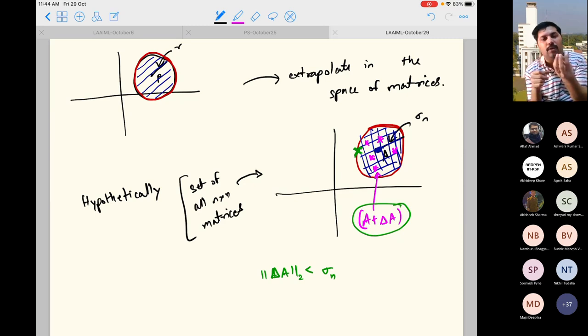This circle around A is really very small. That means A is really very close to losing its full rank property, and it is close by distance sigma n. Do you understand this part?